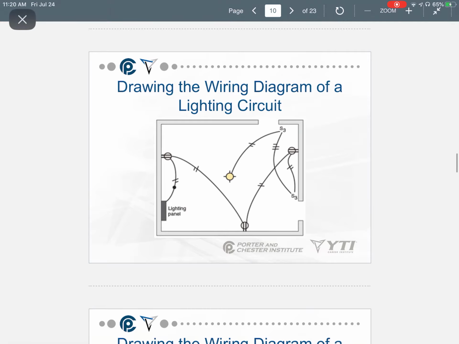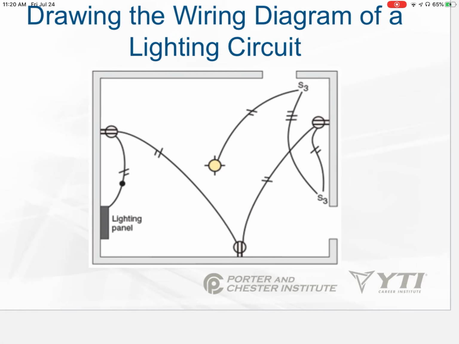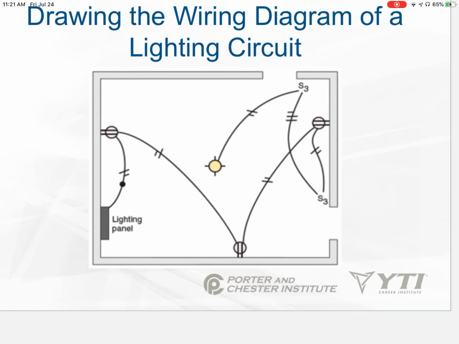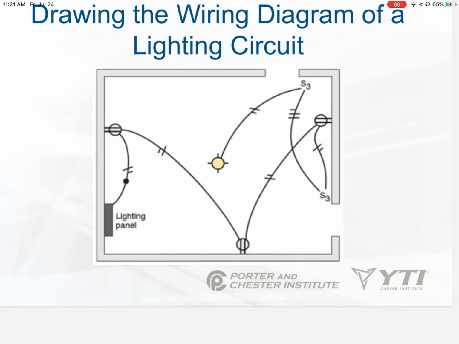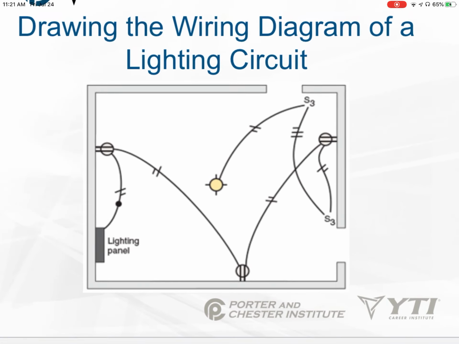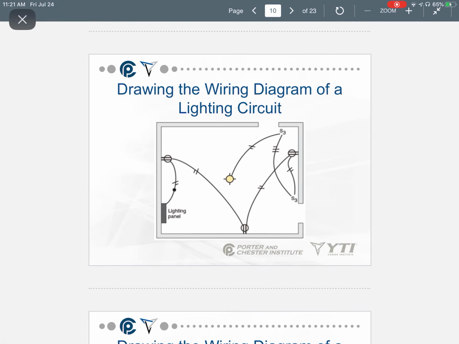Now, I would hope you guys should be able to figure out, if you see 3-way switches, it should click in your mind, okay, I need 3-wire between them. It's important information because, let's just say, for instance, you were pricing out a job for somebody and you don't catch that.